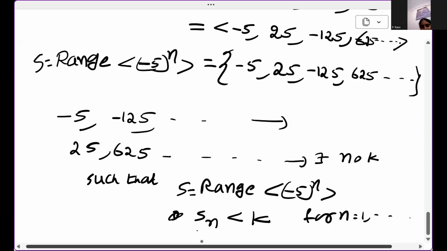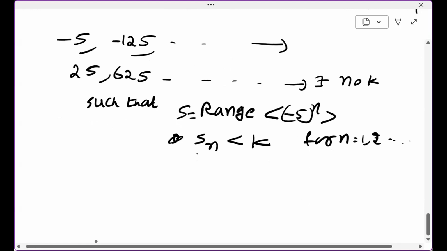Therefore, we say that there is no upper bound. So there exists no upper bound for this. So the sequence is not bounded.